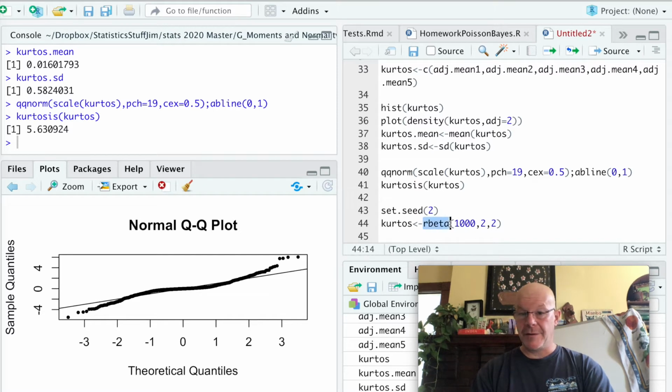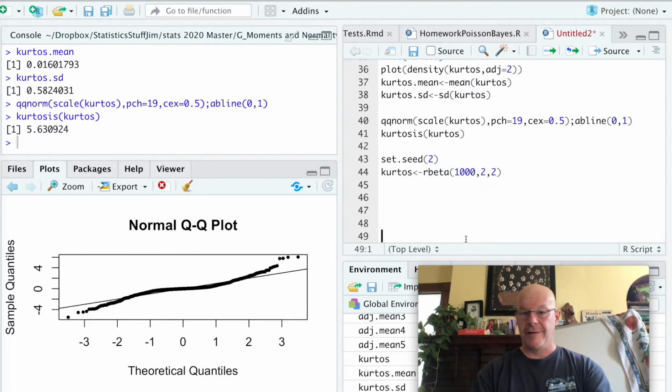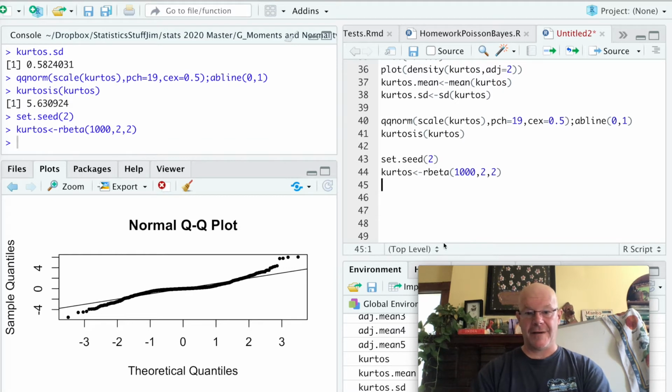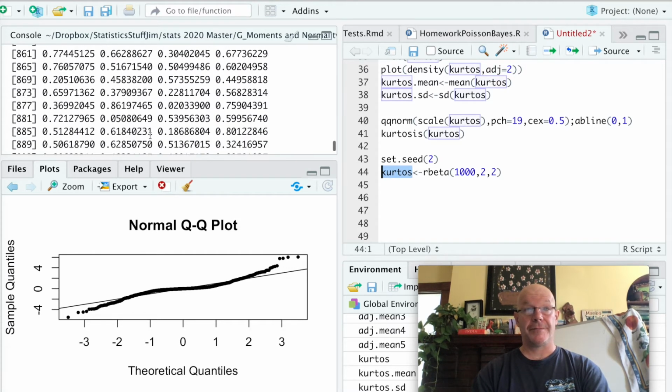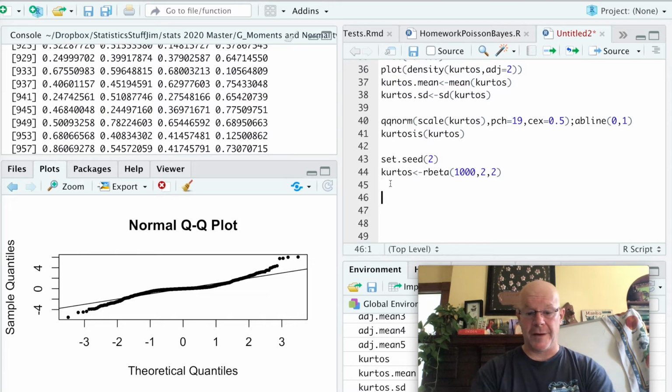Here I'm going to use another distribution called the beta distribution. Don't worry about the details. I'm just showing you how I simulated this data. You can totally ignore it, because at the end of the day, all we care about is our sample, which is this, kurtos. And so let's take a look at what our sample looks like, since we sampled from a population that we know is platykurtic.